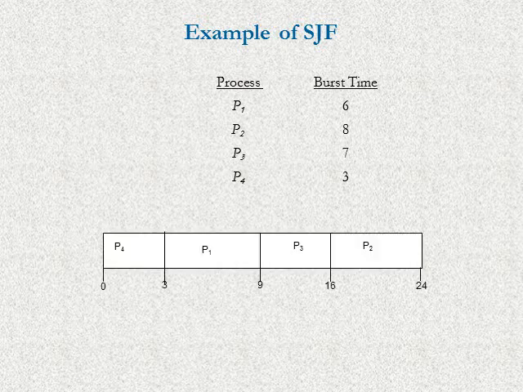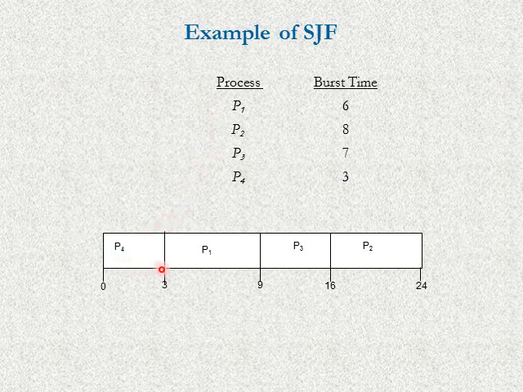The Gantt chart for this scheduling algorithm would be that first of all P4 will be scheduled for the processor at time interval 0, while the other three processes P1, P2 and P3 will be waiting in the ready queue.